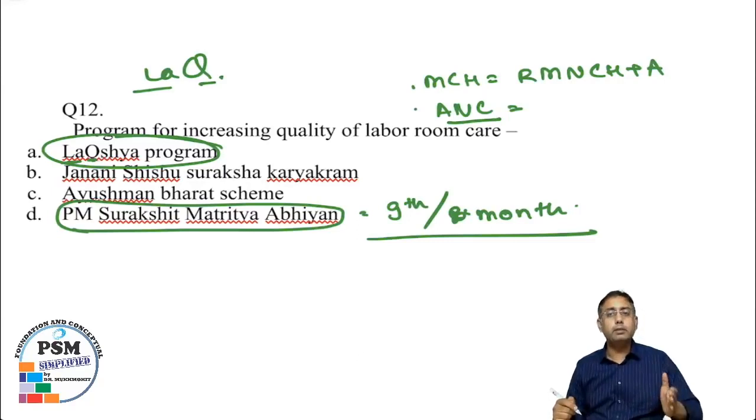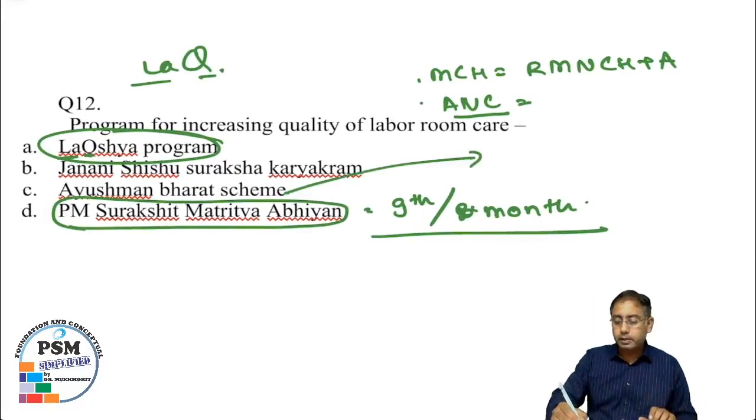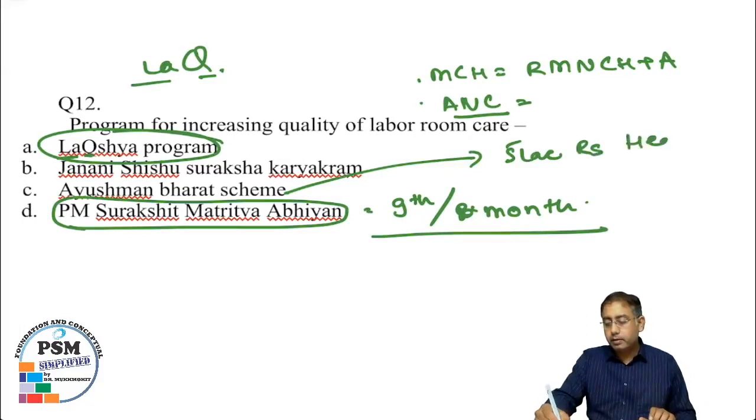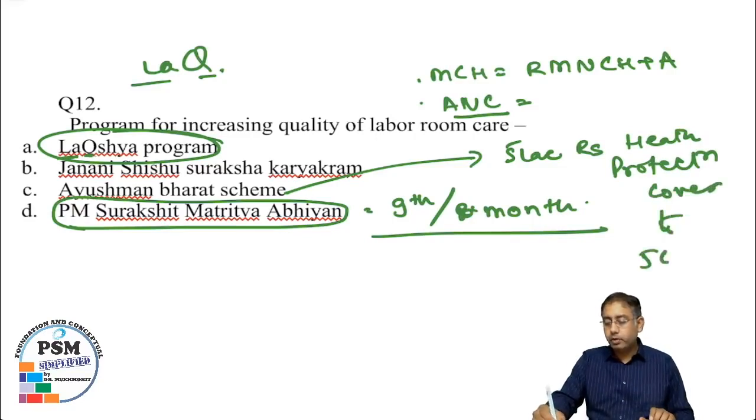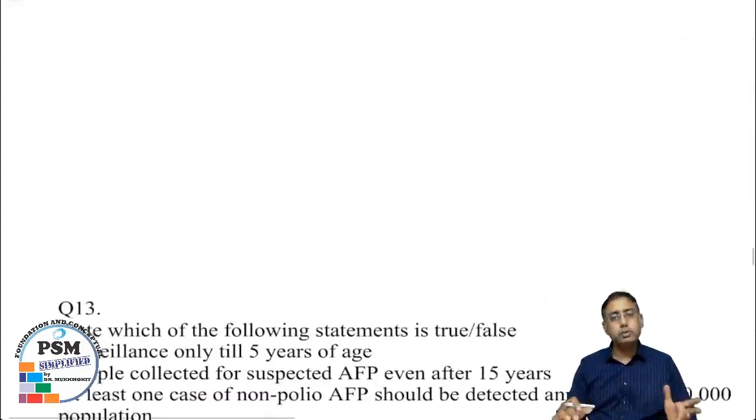It is nothing but a health protection scheme given to 10 crore families or 50 crore population. 5 lakh rupees health protection cover to 50 crore population for any disease, primary, secondary, and tertiary healthcare. All cancers, cardiovascular disease, everything included. So the answer to this is Lakshya.